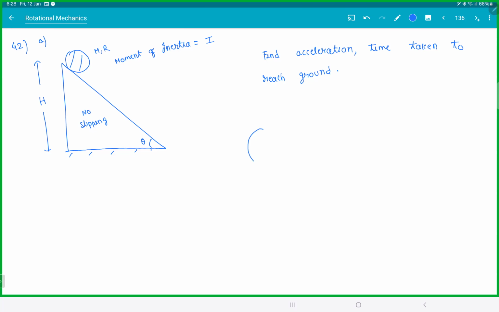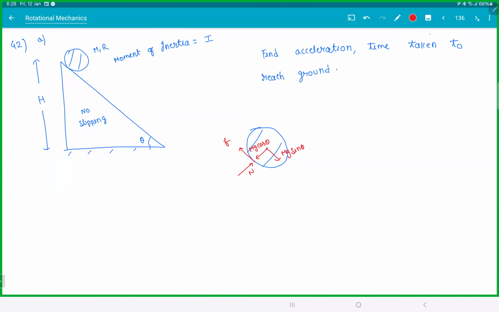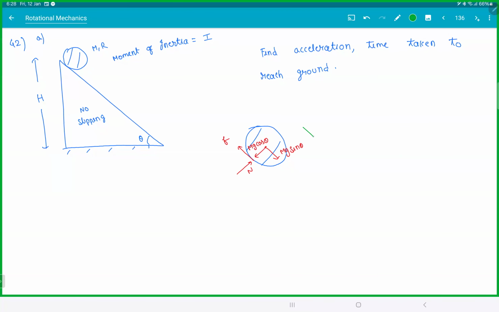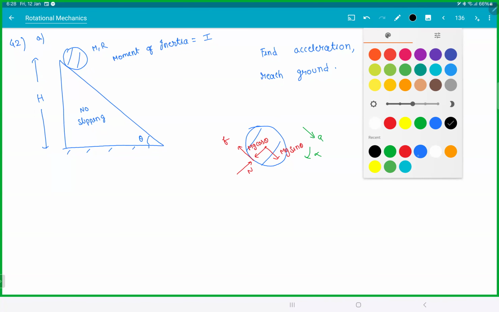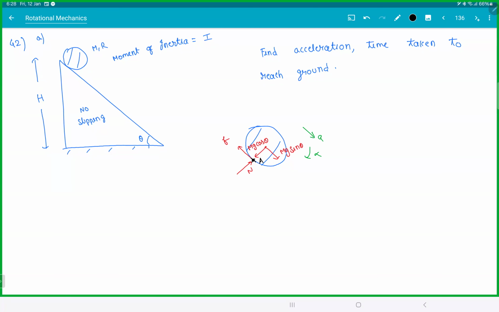See, mg sine theta, mg cos theta, normal reaction, friction. This is the acceleration and this is alpha. This point is the best because it's not accelerating anyway.